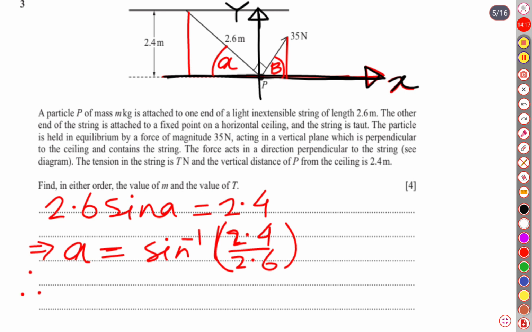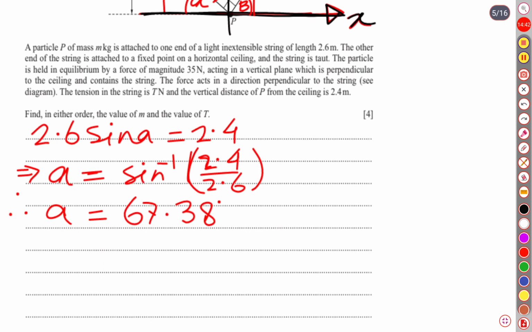Using our calculator, we get alpha is 67.38 degree. Hence our beta, look at this one, the angle is 90 degree. If we subtract alpha and 90 from 180, we will get the remaining angle.